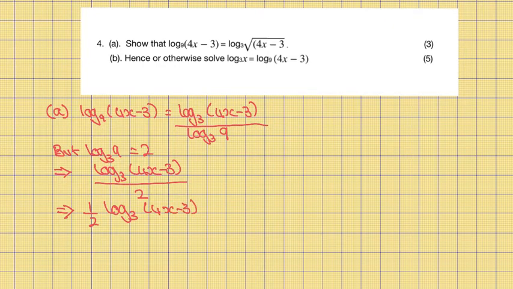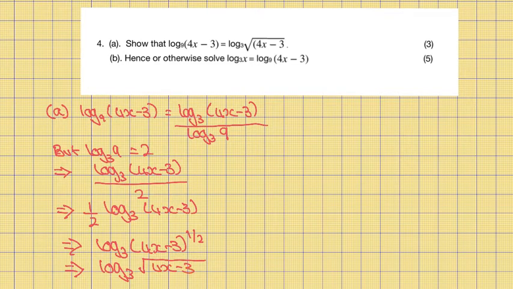Bring the half as a power, so therefore we've got log 3 of 4x minus 3 to the power of a half. Power of a half is the same as square root, so therefore we got log 3 the square root of 4x minus 3. Proven.